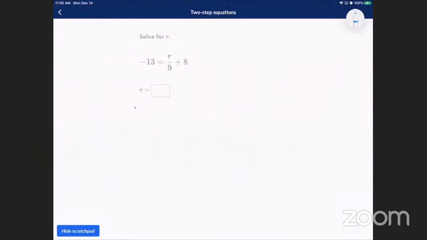So now we have negative 13 equals r over 9 plus 8. What we're going to do here is look at this number and solve for r. I remember when I was saying this before that when we have r over 9 plus 8, I try to look at it like r over 9 plus 8 over 1, right?